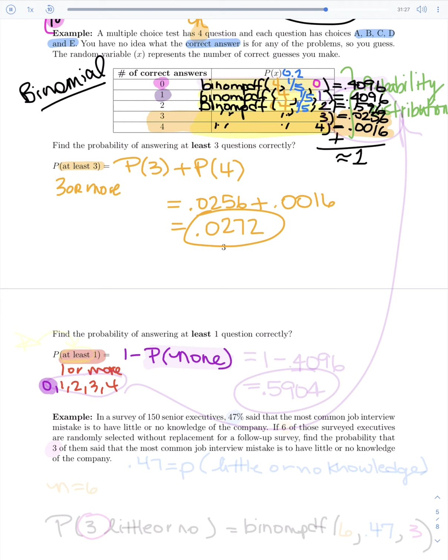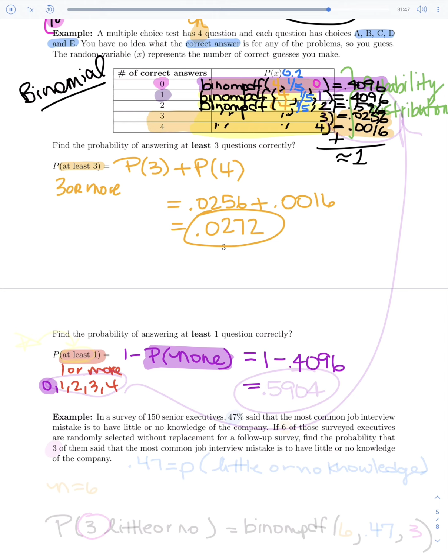Well, we already have that. The probability of getting none or 0 right from our table is just that first line, that first binomial PDF. So we do 1 minus the 0.4096. And the question would be, what does that give us?